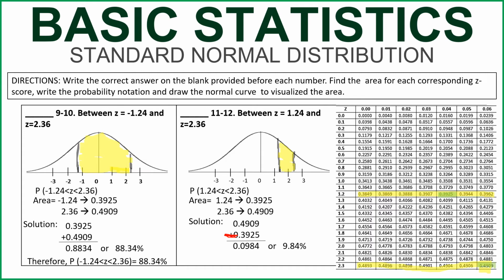So, the answer is 0.0984 or 9.84%. So, therefore, the probability notation is 9.84%.